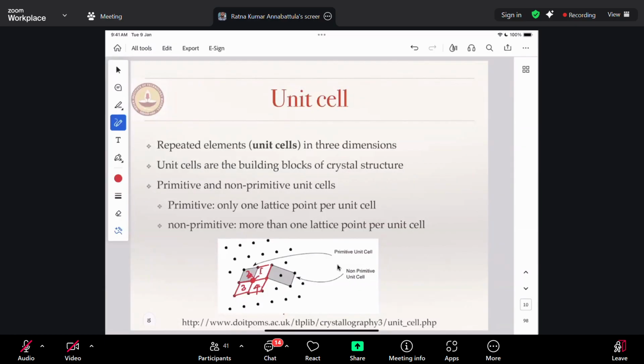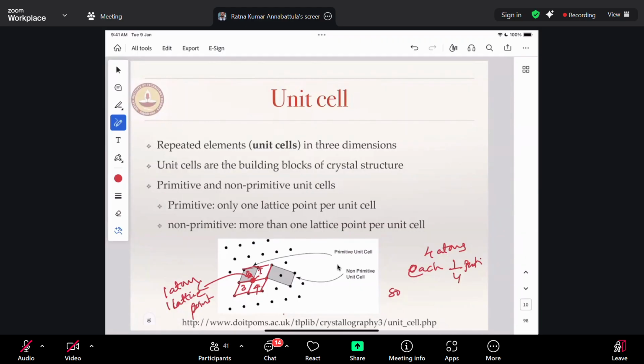So effectively, for one unit cell, how many atoms are there? There are 4 atoms, each having 1/4 participation. So in this particular unit cell, effectively you have 1 atom or 1 lattice point. Is that point clear, whatever I have made just now?